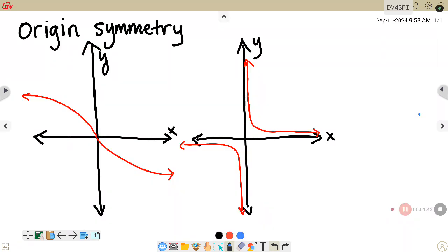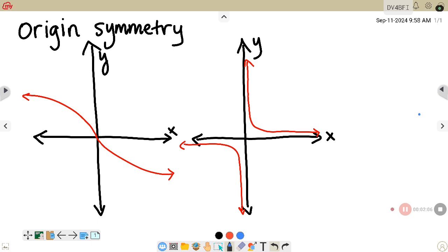All right, the last type of symmetry that we are going to look at is called origin symmetry, or being symmetric with respect to the origin. You can tell if it's symmetrical with the origin if you fold the right half or the left half, either one, of the graph across the x-axis.